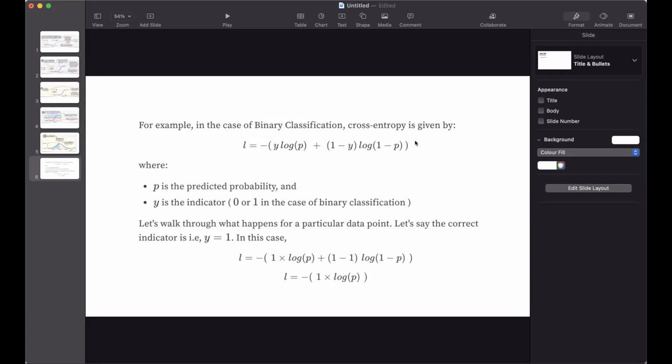What is entropy? A measure of randomness, a measure of chaos, right? Let's say you put something, shake it fully, and then leave it, it is all jumbled all over the place.